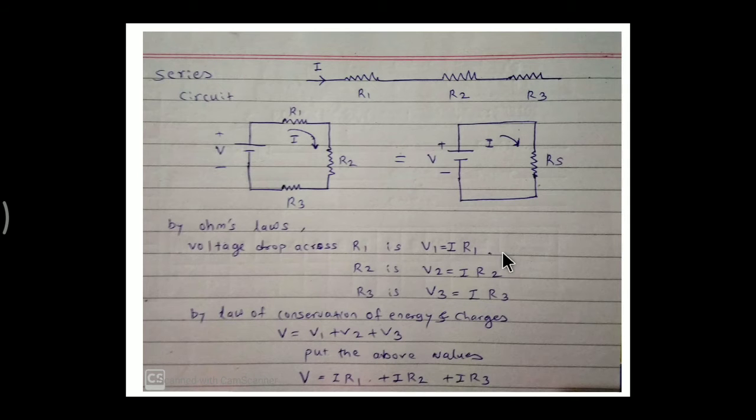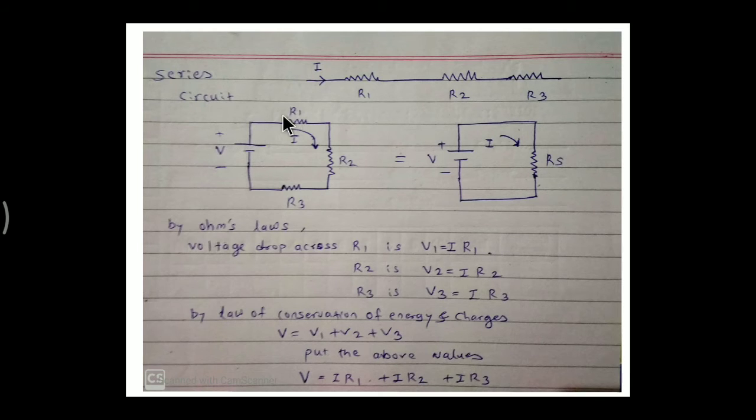See here. This figure shows that three resistances R1, R2 and R3 are connected in series and current I flows through each of these resistances R1, R2 and R3. These resistances are connected in a closed circuit manner. This is the voltage V that is supplied here, positive, negative.